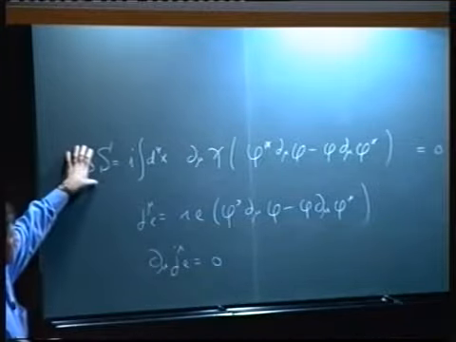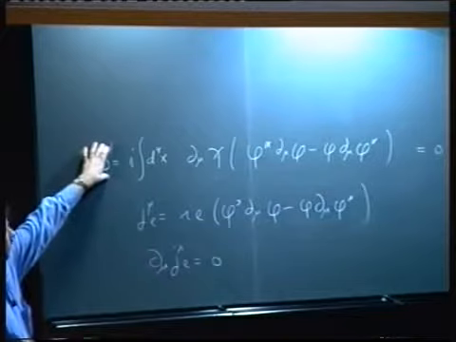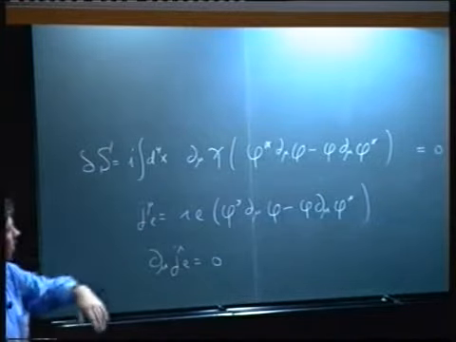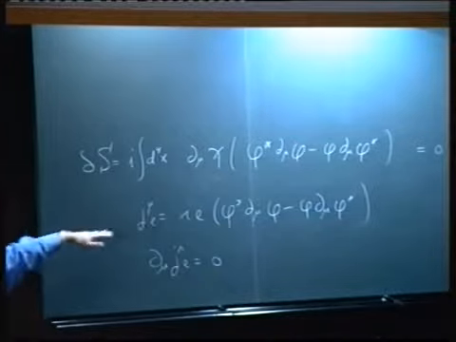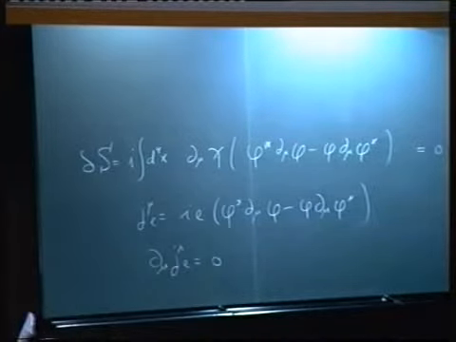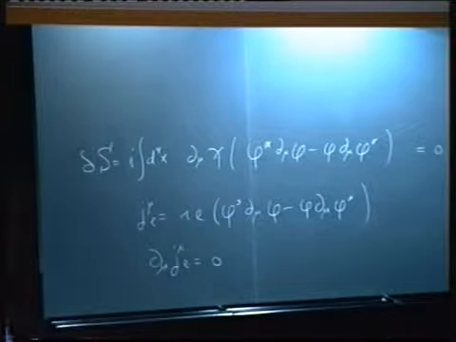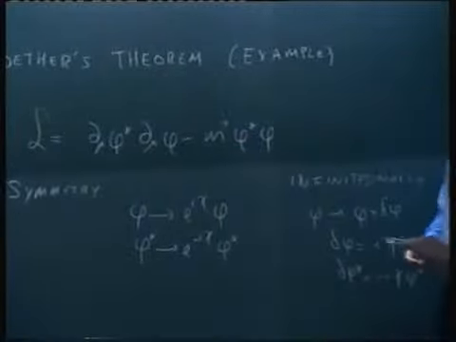And this is directly derived from the fact that the variation of the action vanishes when the field equations are satisfied. So this is an example of a Noether current associated with the symmetry of complex rotations in the Lagrangian.